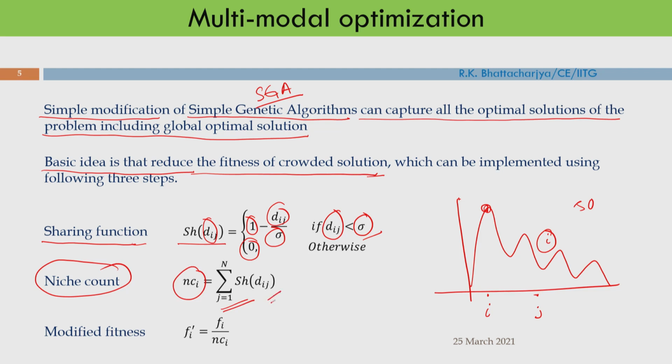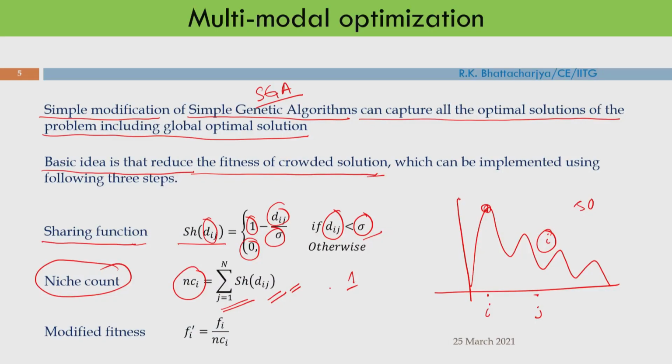Now, what is this niche count giving? If the niche count is a large number, I can say that the particular solution is a crowded solution. If the niche count is 1, then I can say that the particular solution is not crowded, that is, an isolated solution.